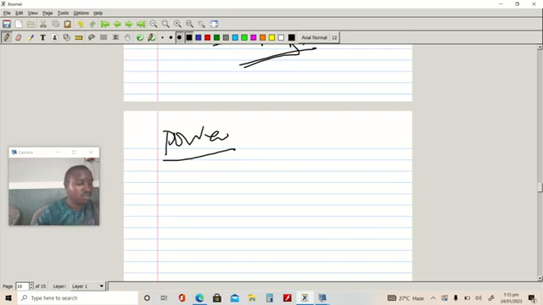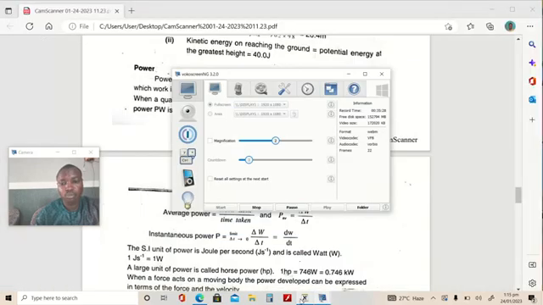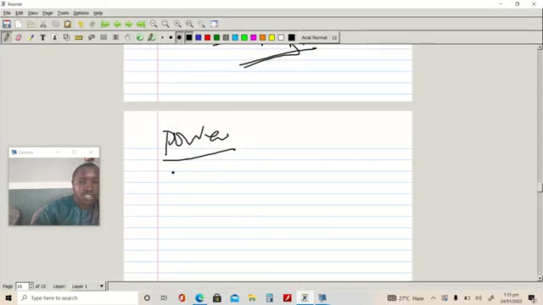So it is how quickly work is being done. That's what we call power, or the time rate of work done, or the time rate of energy, or energy expended per unit time. So power is equal to work done over time, or energy over time.